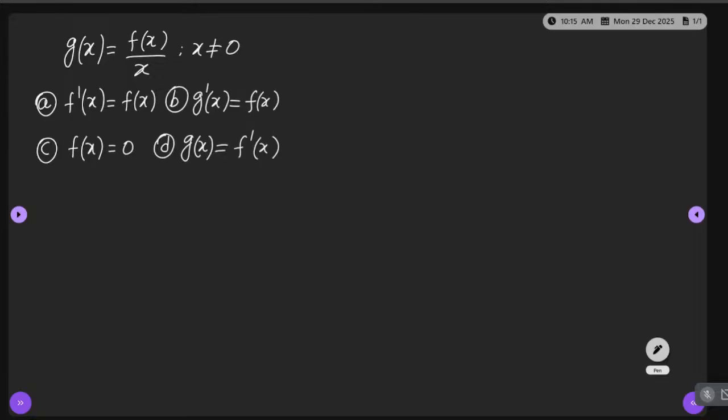Go ahead, do it now. This has an extreme value. Extreme value means maybe maxima or minima?